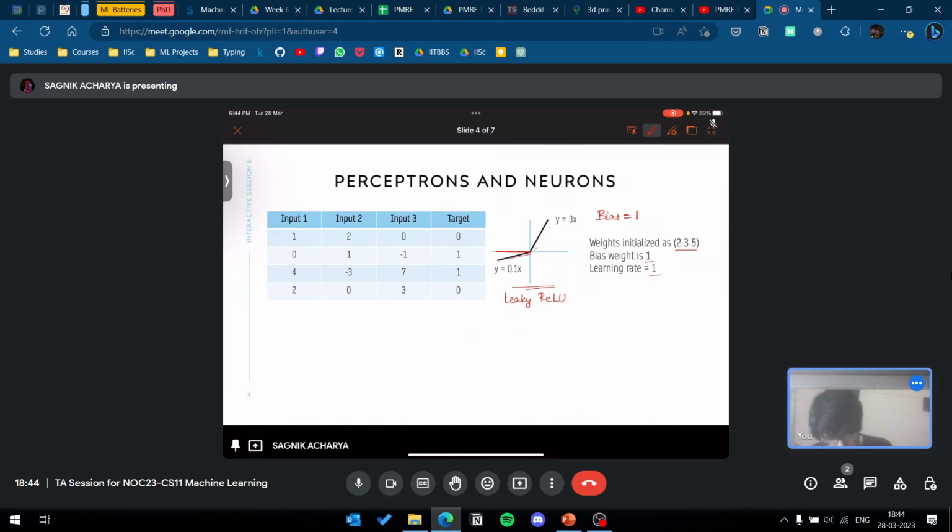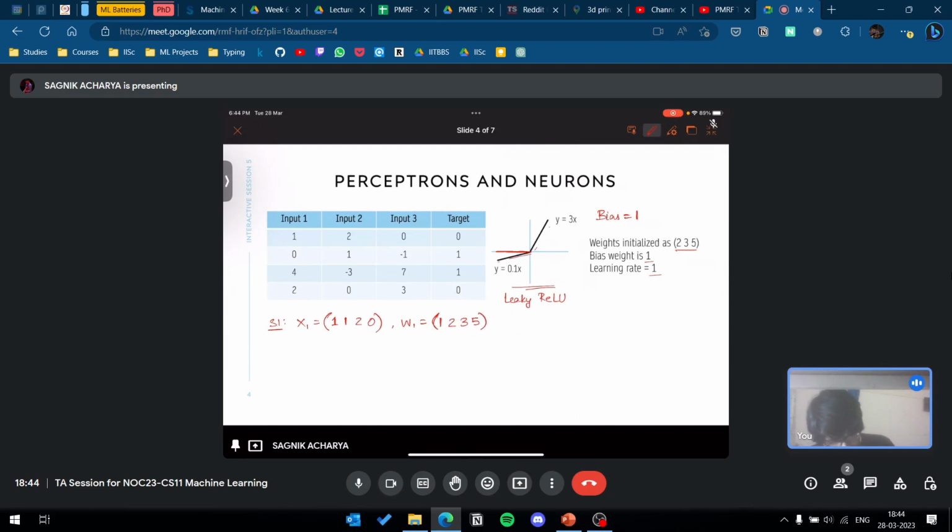So let's start. The first step: I have my x1 vector, which I'll write as, first the bias and then the three inputs. So the first one is the bias, then 1, 2 and 0. So this is my x1. I have my w1, which is equal to, the bias weight comes first, 1, 2, 3, 5.